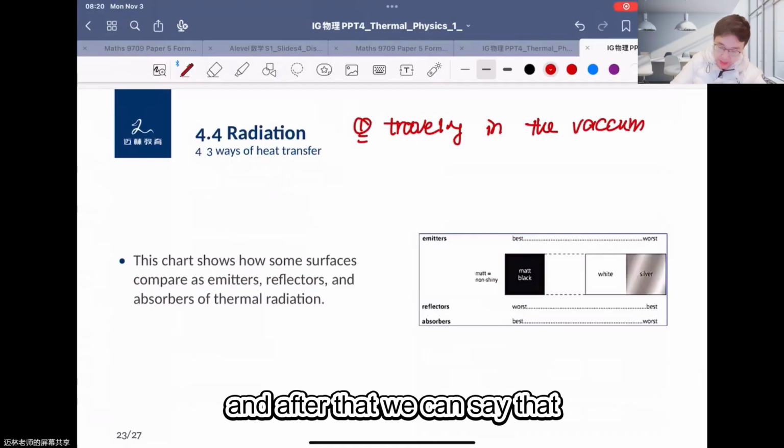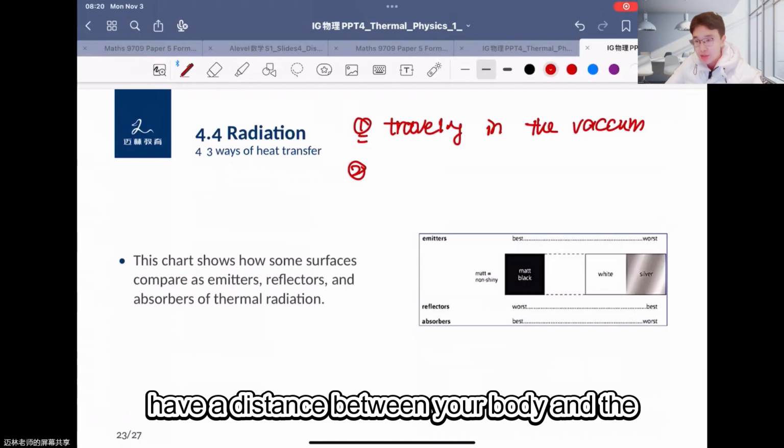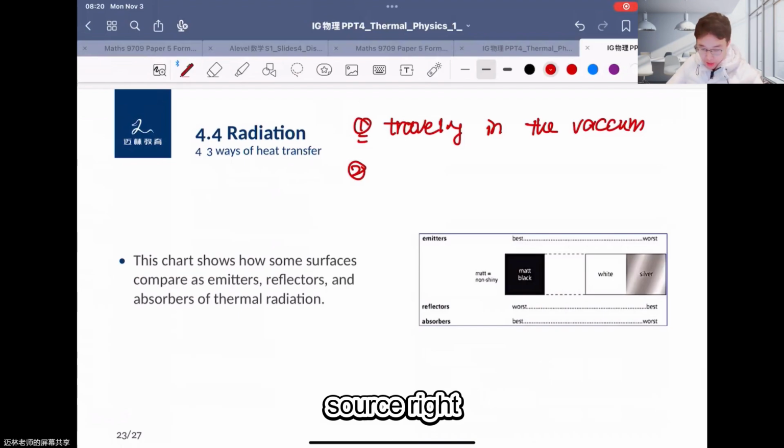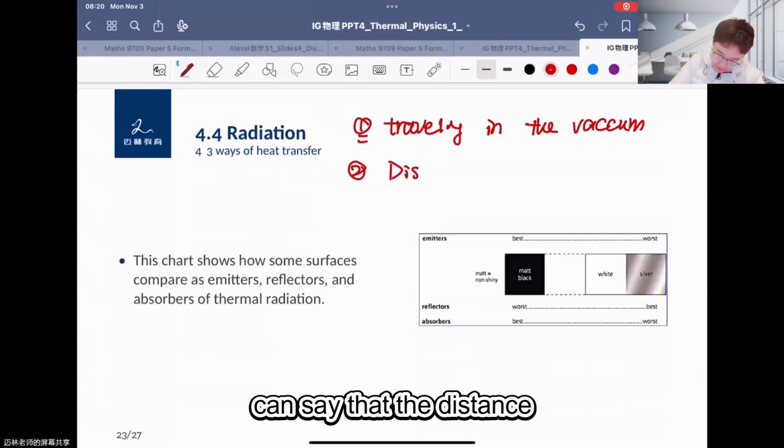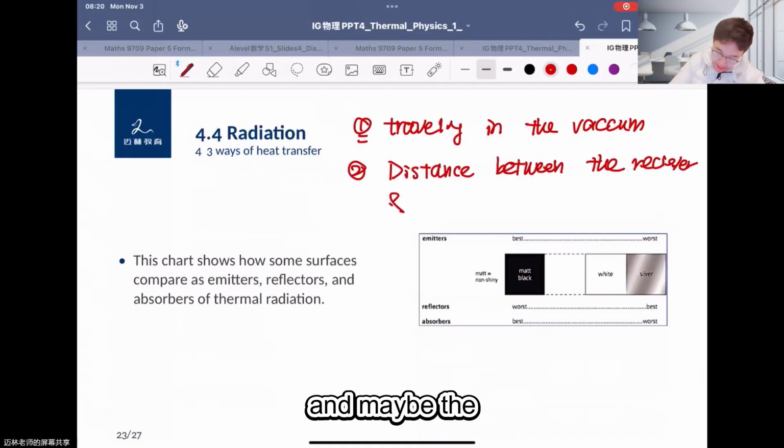And after that, we can say that radiation has a distance between your body and the source, that is, the distance between the receiver and the source, okay?